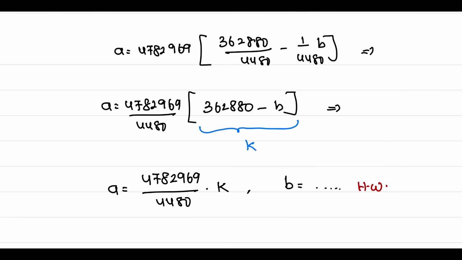Now, GCD of these two, let us find out. GCD of 4782969 and 4480 is 1.